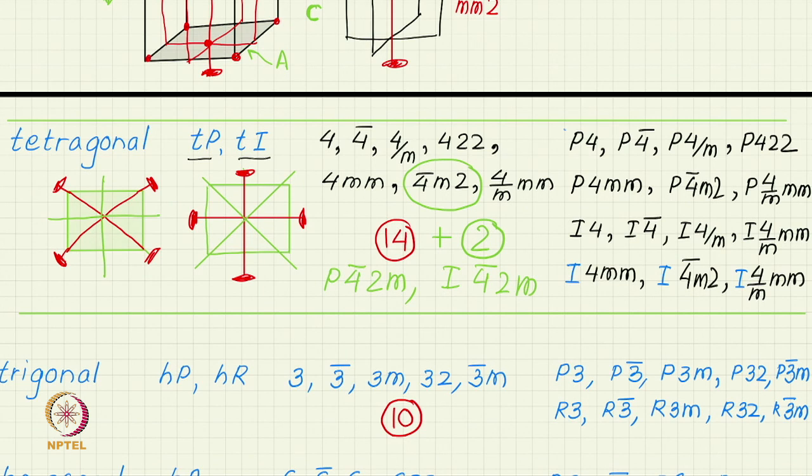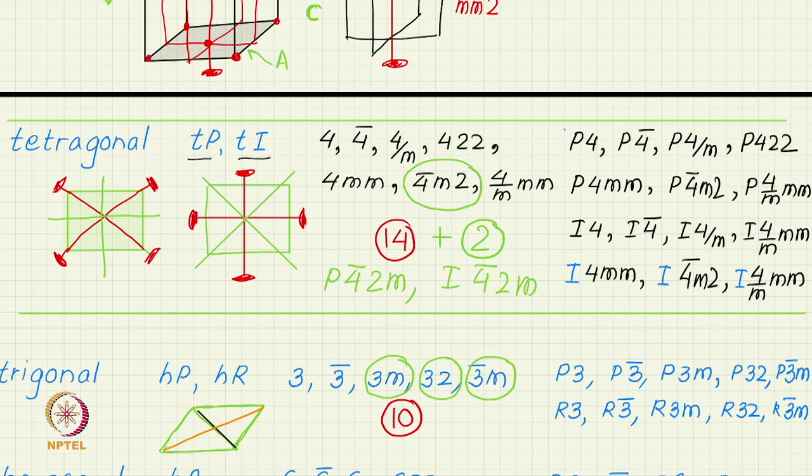In the trigonal, in the plane group also we had seen that actually the 3M has a single mirror, 32 has a single mirror, and 3 bar M has a single mirror, whereas the lattice has a rhombus base which has a short diagonal, the black diagonal, or the long diagonal, which is the gold diagonal.